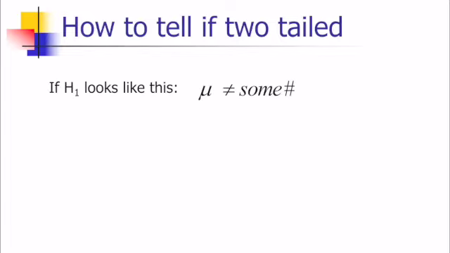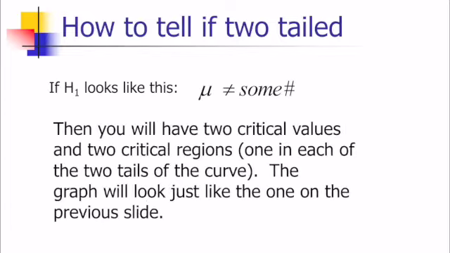So how do I tell if it's two-tailed? This is when I have mu doesn't equal some number, or our proportion doesn't equal some decimal. Then we have two critical values, and we call that a two-tailed test.